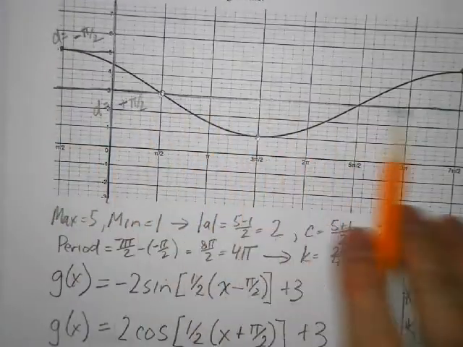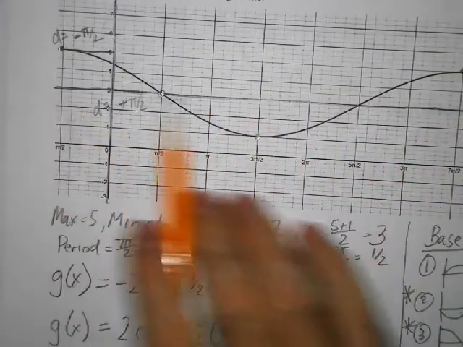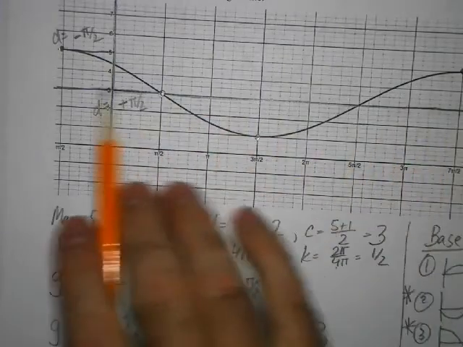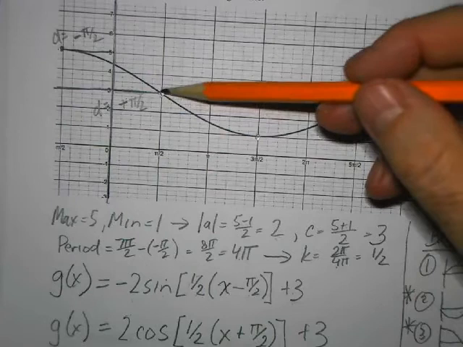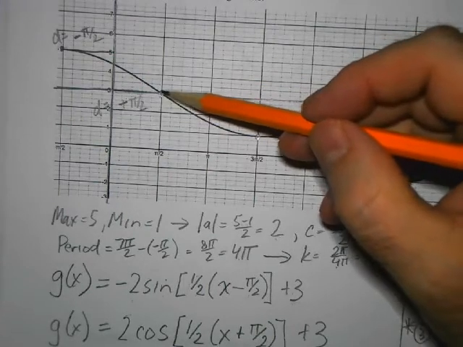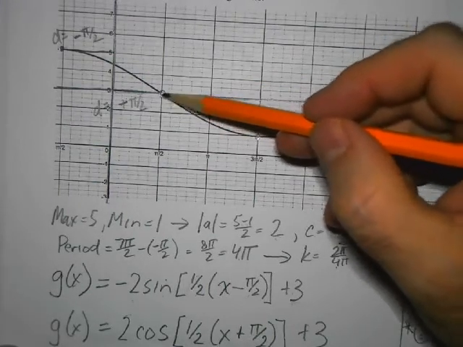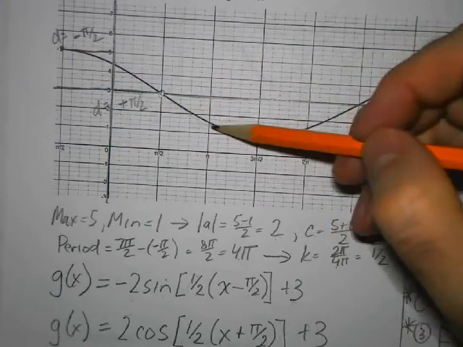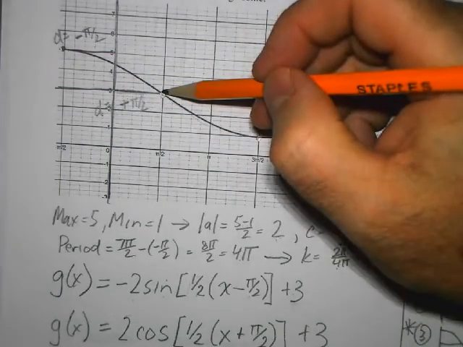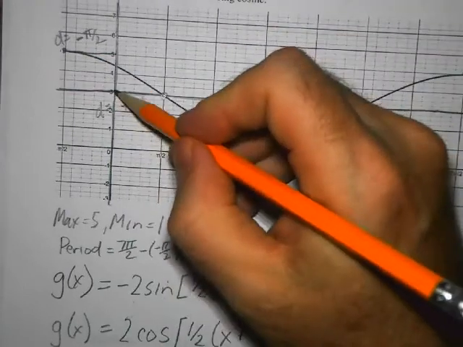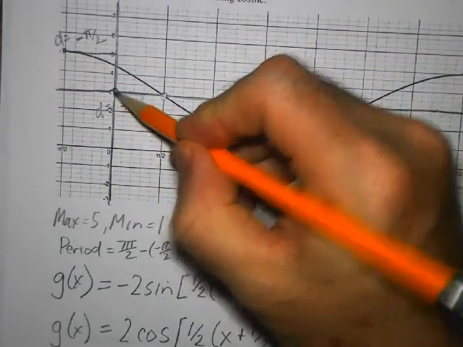I actually forgot to mention, I like to draw a solid line through the center axis, so I can really see, if I'm talking about sine or negative sine, I know that this is the middle of the graph, and normally negative sine would start here, at this value, and go down.